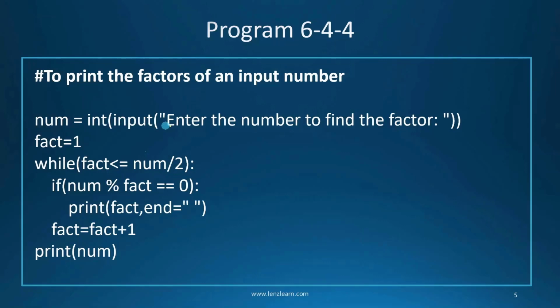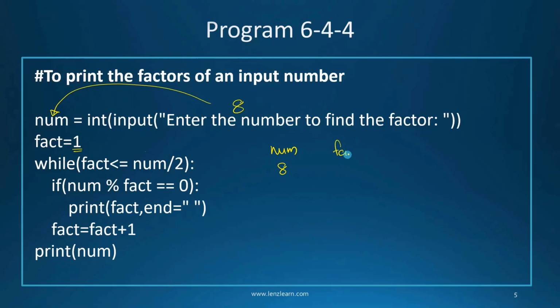Now in the first line, it will print enter the number to find the factor. So I want to find the factors of number 8. Now 8 will be loaded into variable num, and then I have a variable fact which begins with value 1. All right, so I will just write the variables over here. So I have a variable num which has value 8.